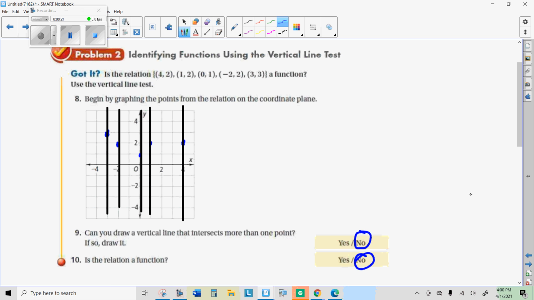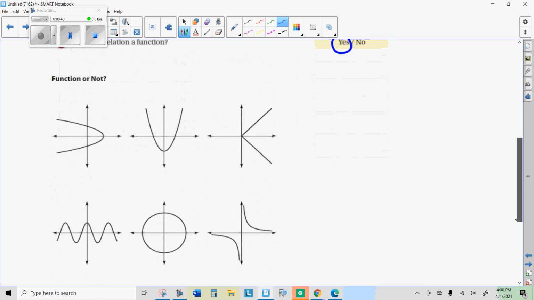So is this relation a function? The answer is no. Whoops, I'm sorry. The answer is yes, it's a function because the vertical line doesn't hit more than one point.